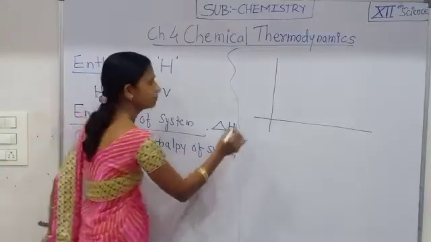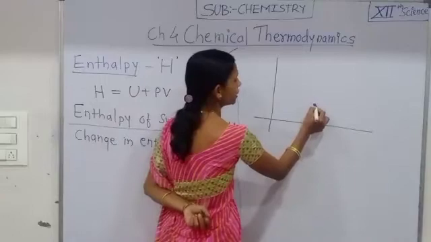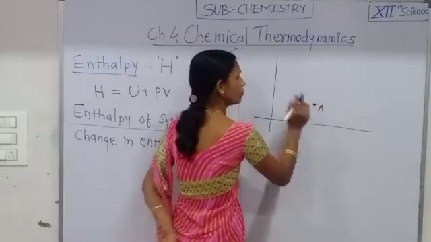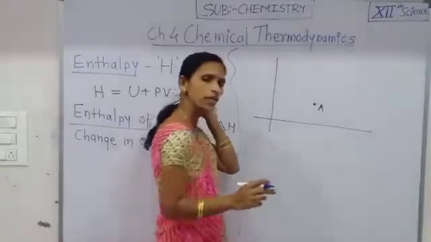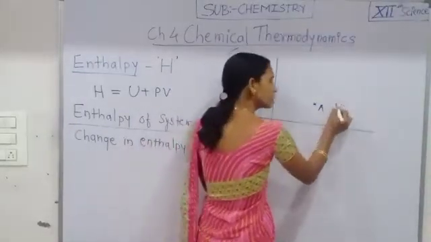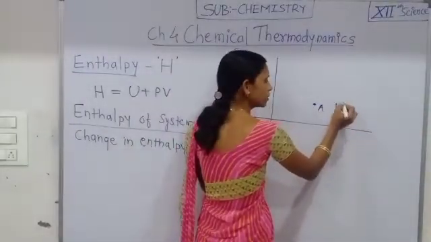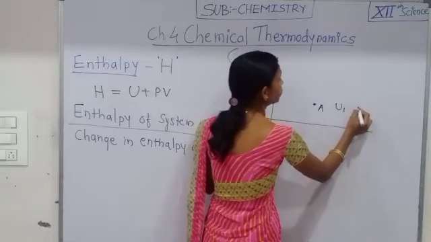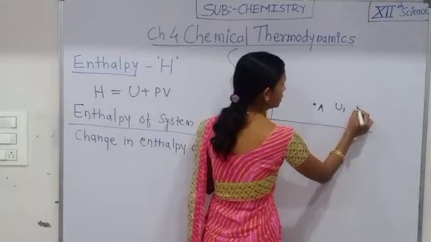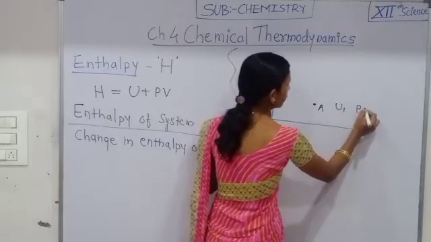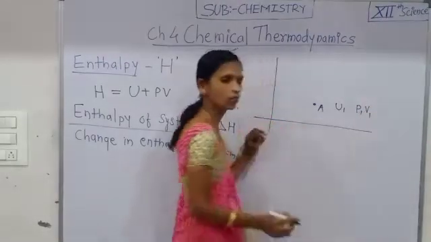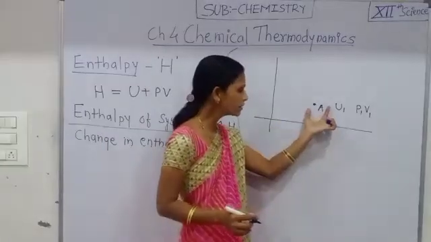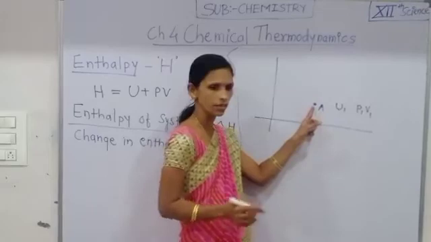In the system, when it is at the initial state, it has its internal energy, that is U1, as well as PV type of energy. That means P1 V1 type of energy is related with that system when it is at the initial state.